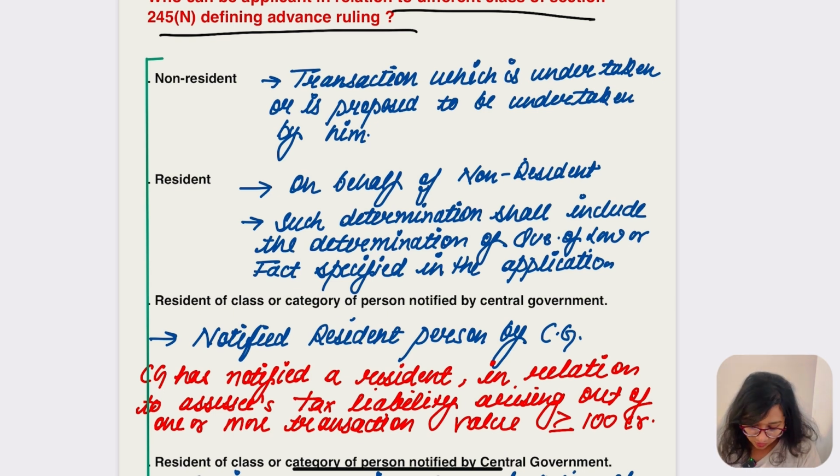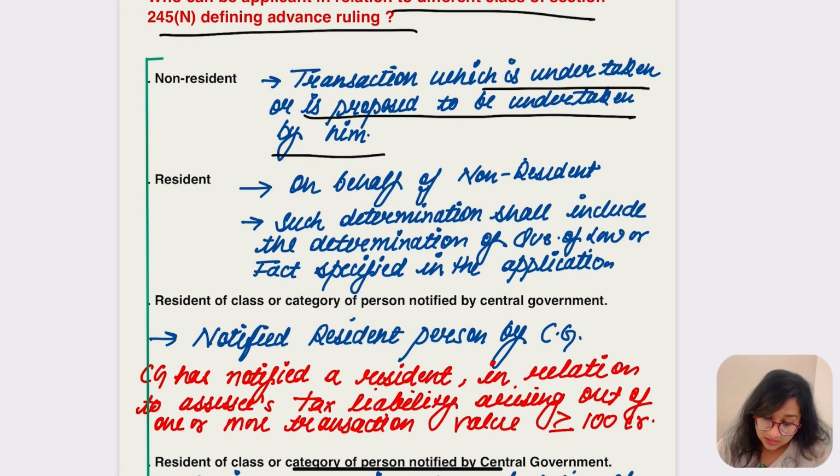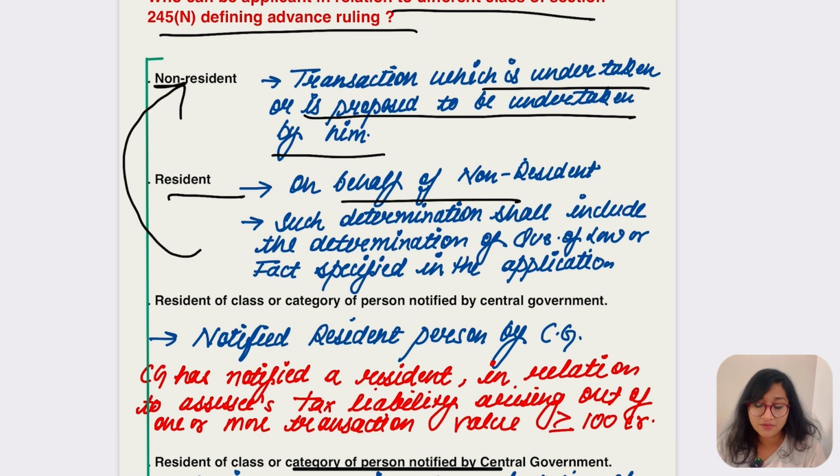If a person is a non-resident, then a transaction which is undertaken or is proposed to be undertaken by him. In this case, who can file the application for advance ruling? Number one is the non-resident. Second, the resident. On behalf of a non-resident, the resident can apply for advance ruling.